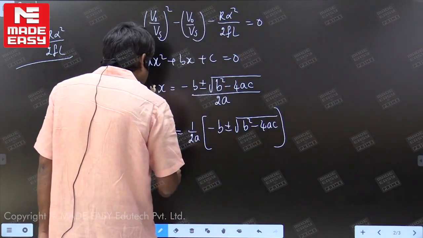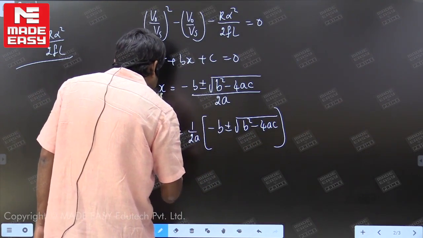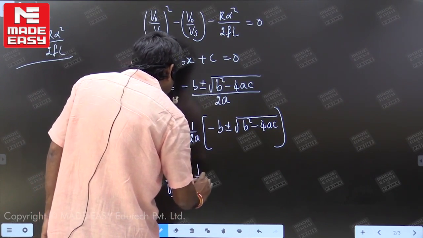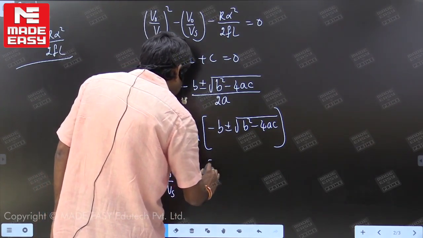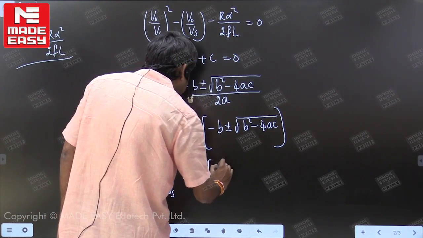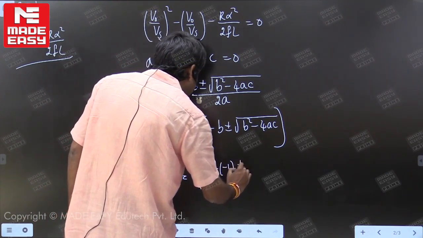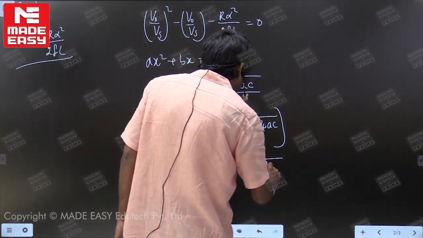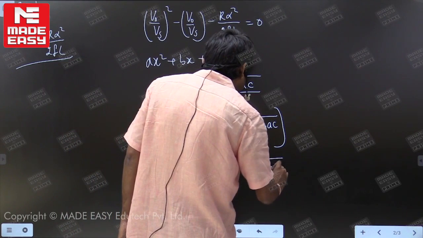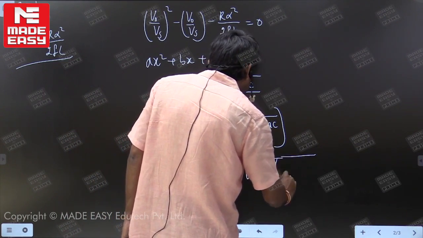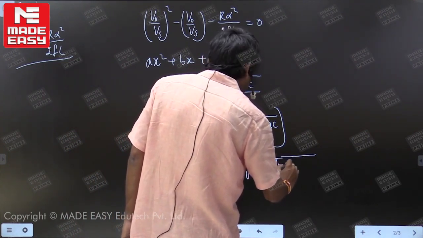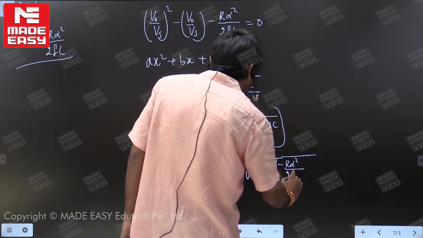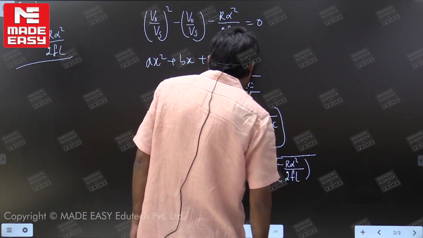Here x means V naught by Vs, right? 1 by 2a is 1. Minus b, b is minus 1, so minus of minus 1 plus square root of b square, that is 1, minus 4 into a value 1, c value is minus R into alpha square by 2 into F into L.